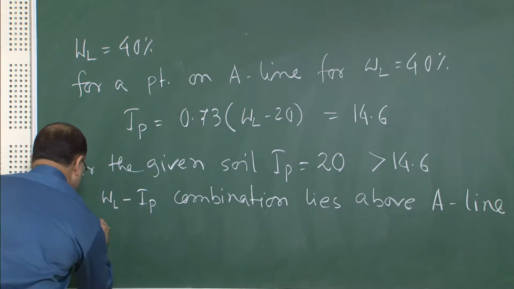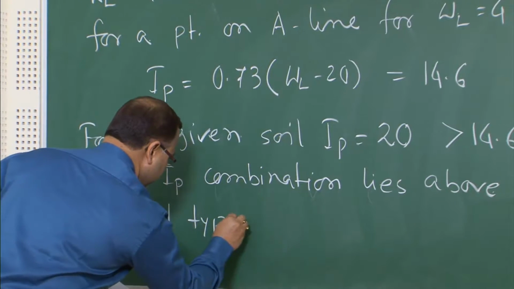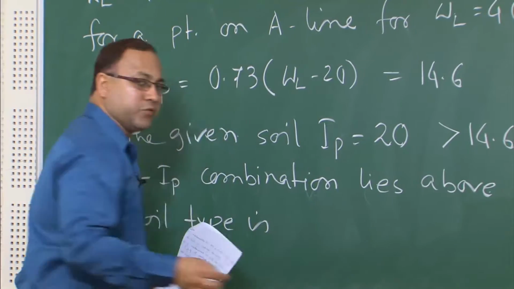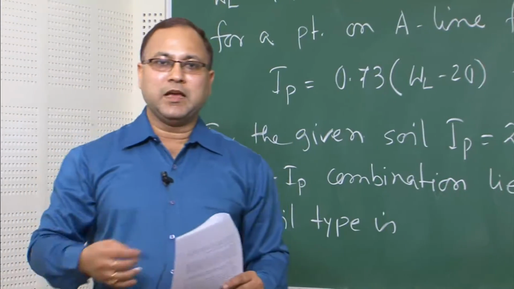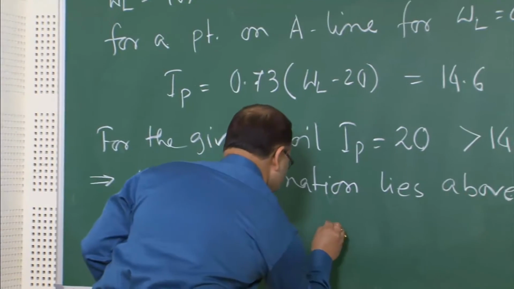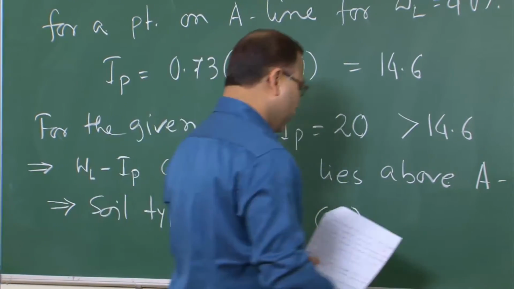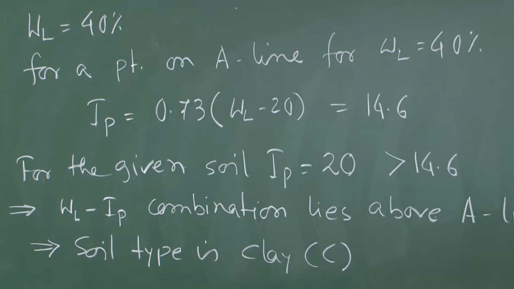So, therefore, what type of soil will you get? If it lies above the A line, you will get clay. So, the soil is clay. So, what will be the final classification of the soil?